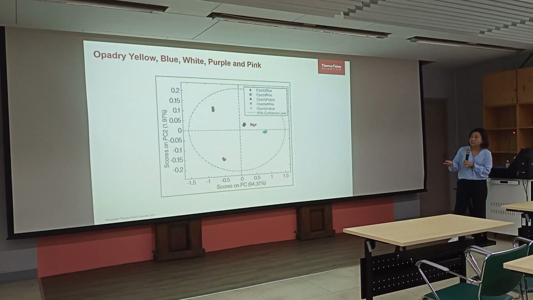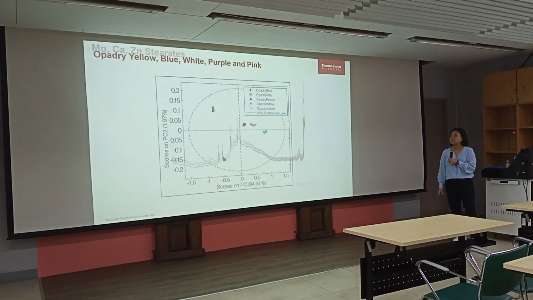So it's able to differentiate, which means if I create this group and put it into my TruScan RM, I can easily differentiate this Opadry blue from other groups of Opadry. So this is how we use the chemometric software to check the differentiation.